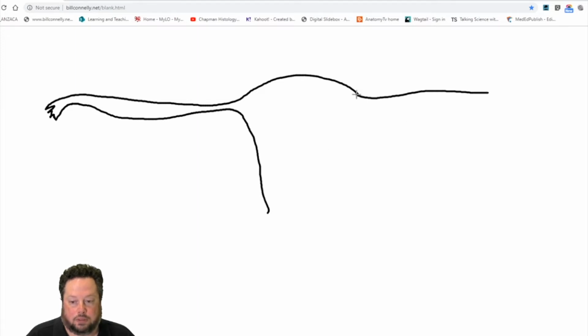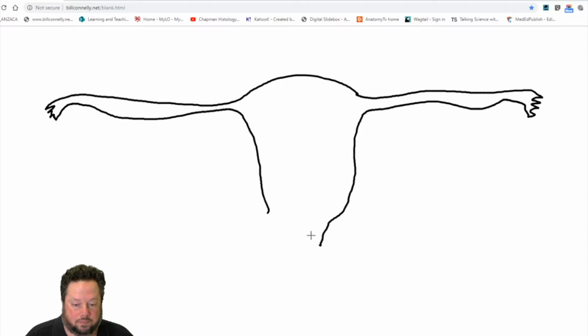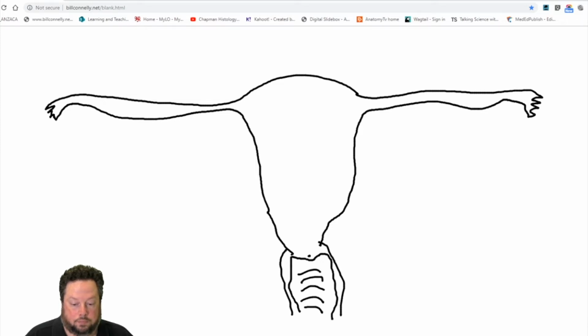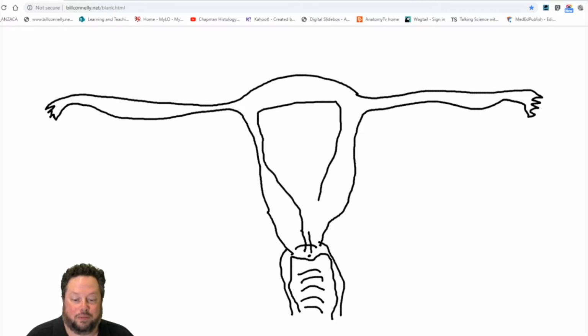All right, so the reproductive tract consists of a number of features. You have to bear with me because I'm not the best artist. Please bear with me while I attempt to draw this.